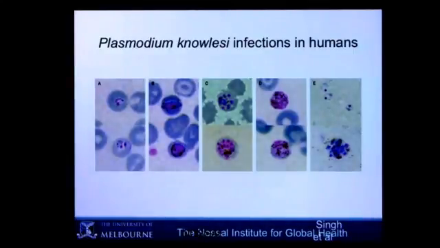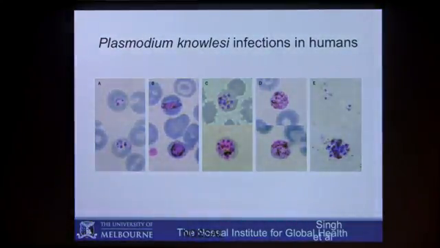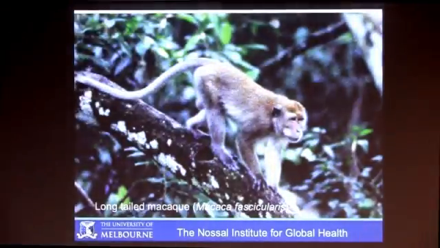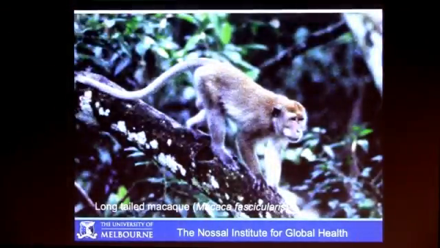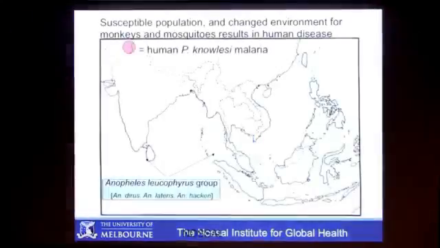So they did some genetic typing and found that this was a parasite that occurs in monkeys, Plasmodium knowlesi. And this is the monkey that carries that parasite. It had been known from a laboratory accident years ago that it could affect people, but here was an example that it had turned up again. Fortunately, it was susceptible to normal drugs.